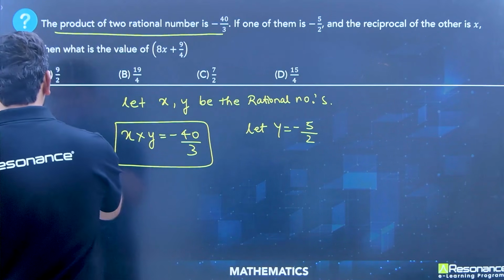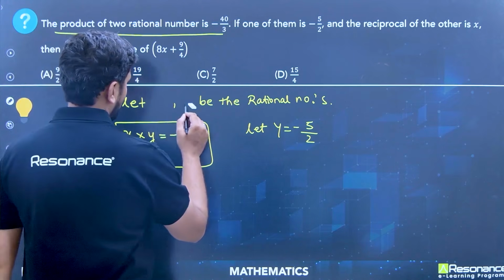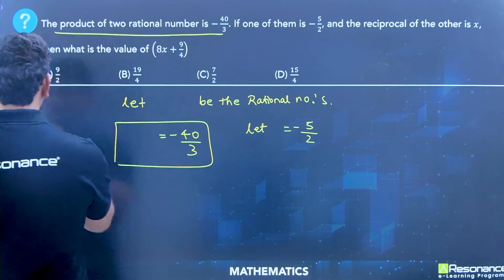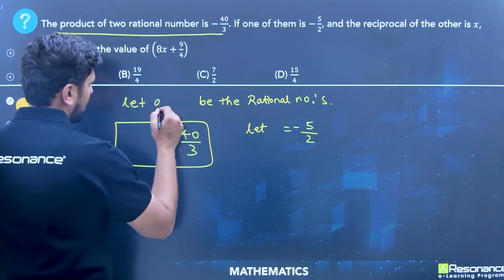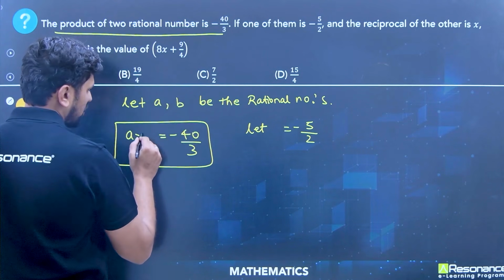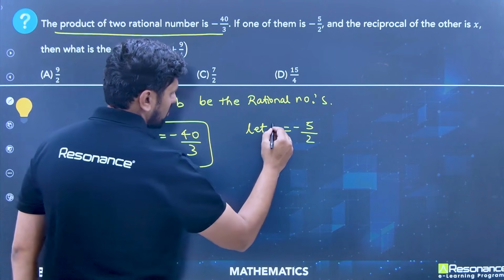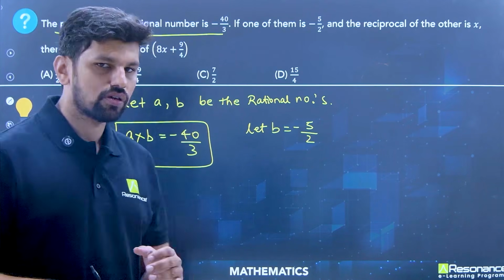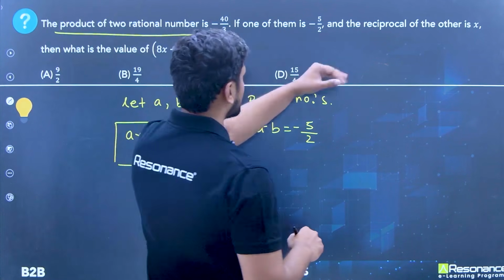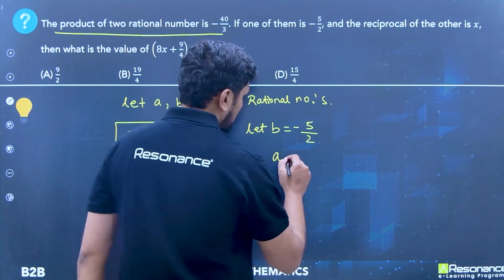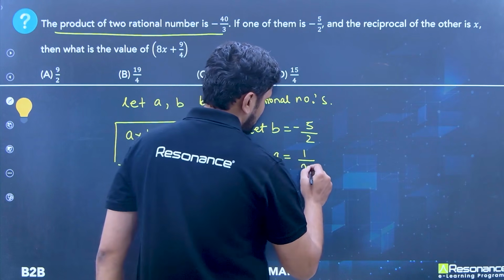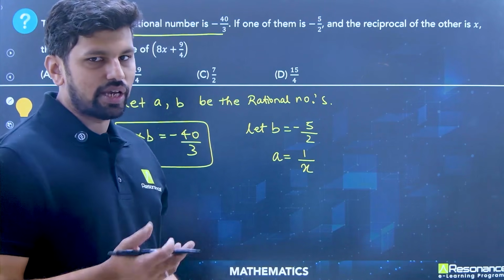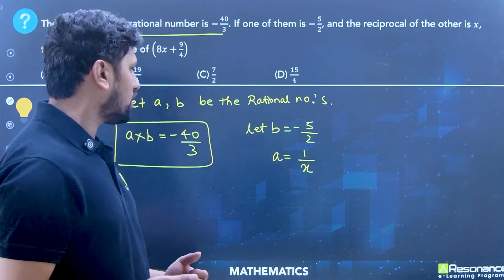Okay, so we can't take here x and y. Okay, so we will remove these things. Let's take A and B here. So product of these two is given as minus 40 by 3, and B is given as minus 5 by 2. And the reciprocal of the another is x. So A equal to 1 by x, and reciprocal of another. So x equal to 1 by A, or A equal to 1 by x.